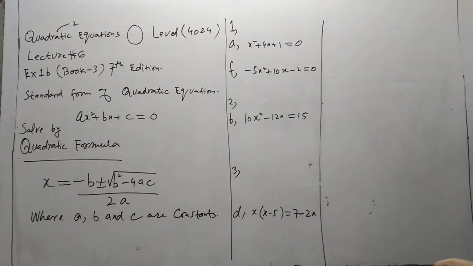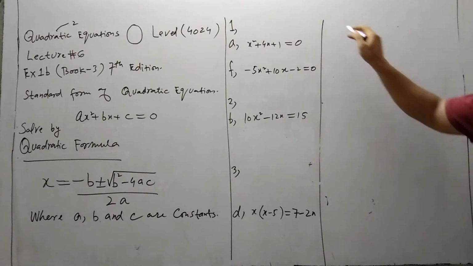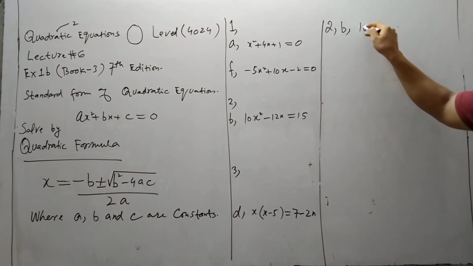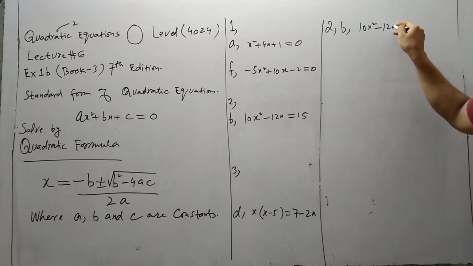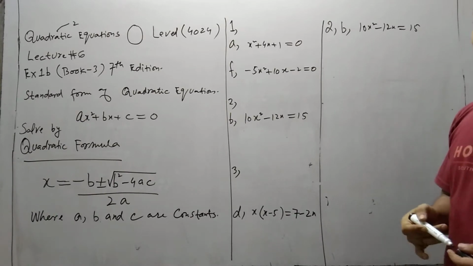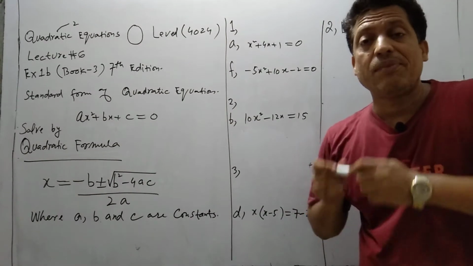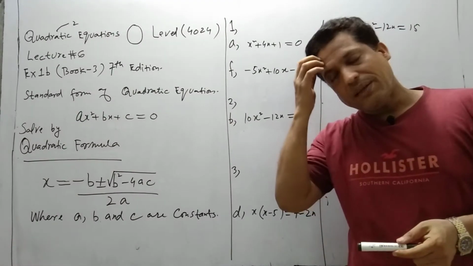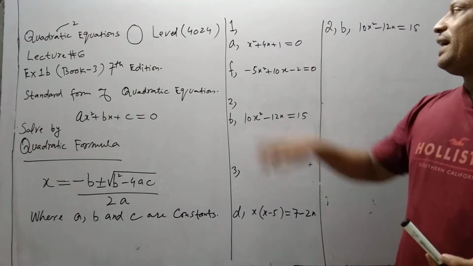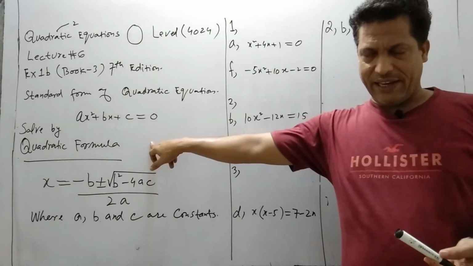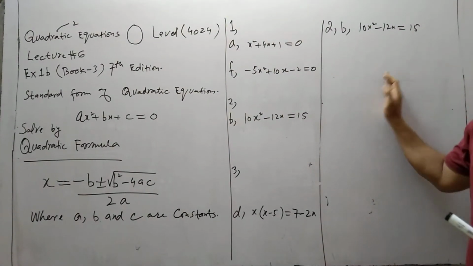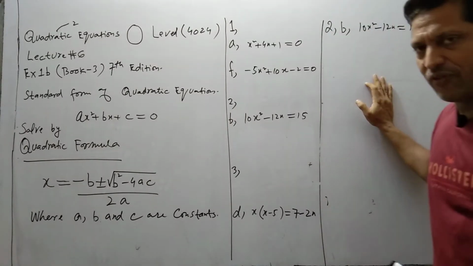Our next part is, I took this from question number 2 part B. 10x square minus 12x is equals to 15. What is the difference between question number 1 and 2? In question number 1, all parts are given in standard form of quadratic equation, but in question number 2, see, this is not in standard form of quadratic equation.